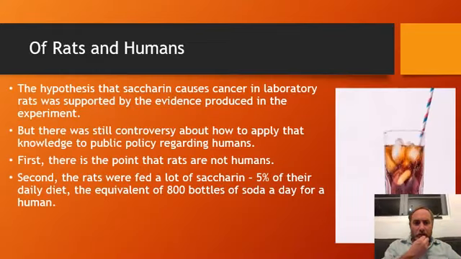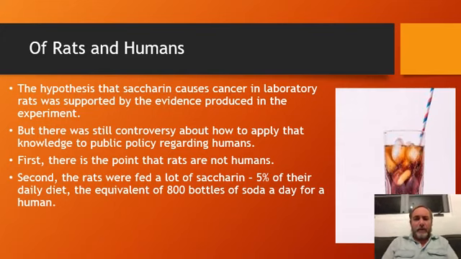Okay, one point about this issue of applying this study of rats to humans. The hypothesis, as we stated, is just about rats, right? So there's obviously some controversy about how to apply that knowledge to public policy regarding humans.